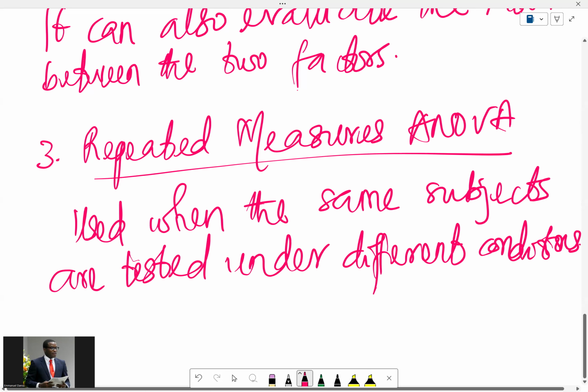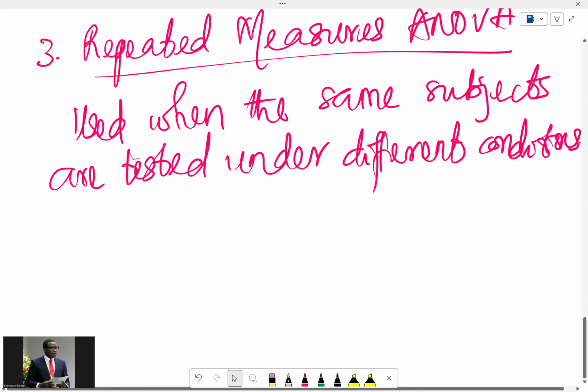This sounds like what you do under a paired t-test or paired z-test, when you observe the same subjects under different conditions or at different time points.